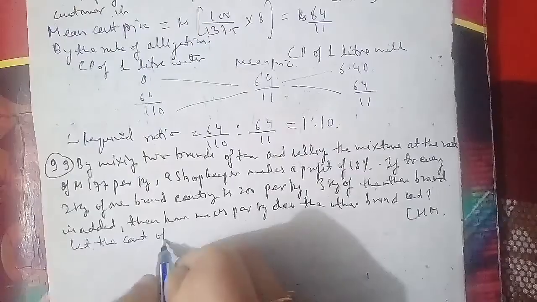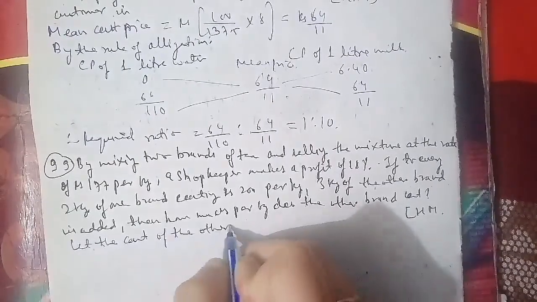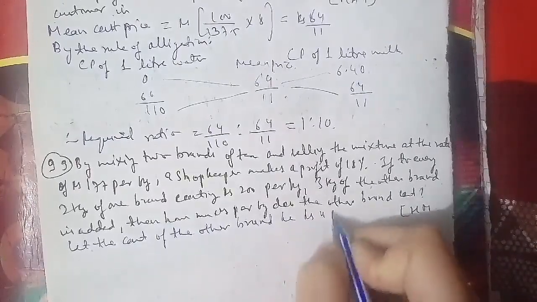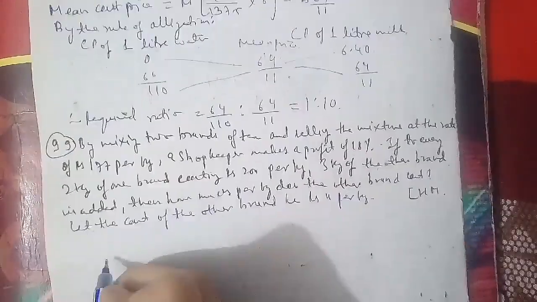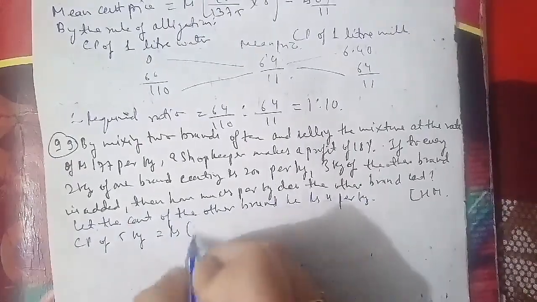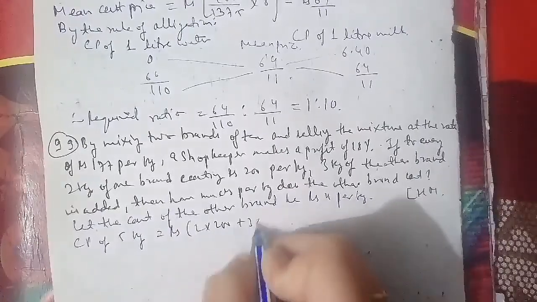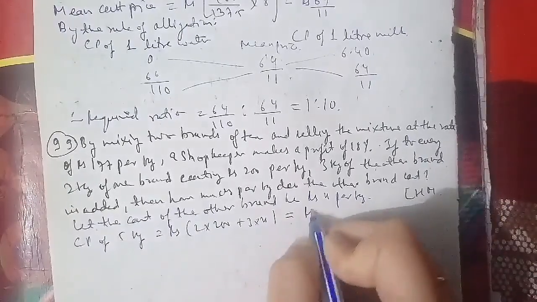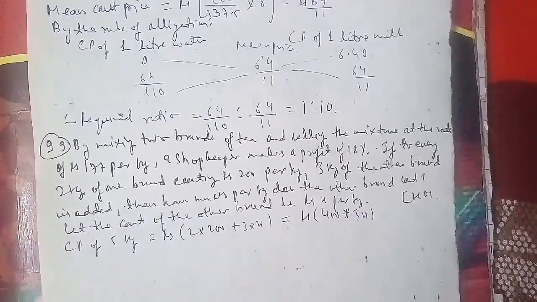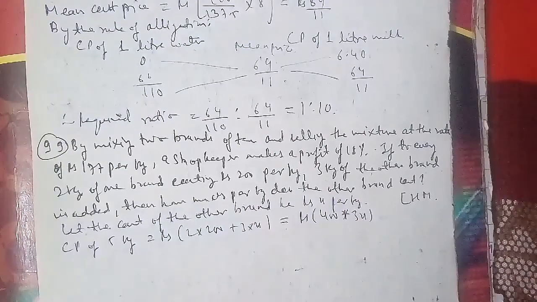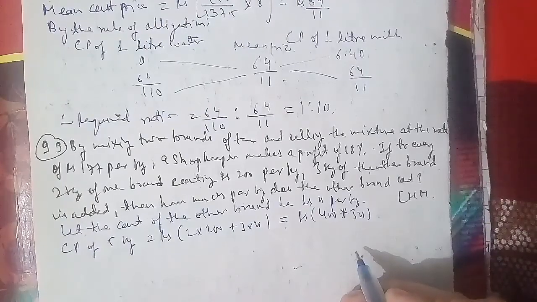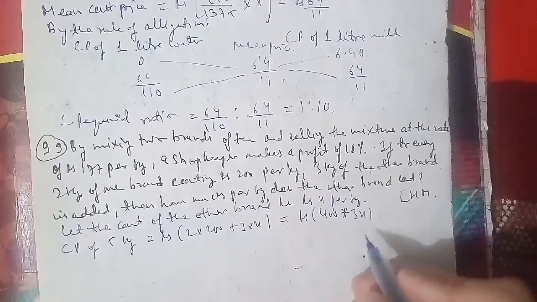The SP of 5 kg equals rupees 5 into 177, which equals rupees 885. Then (885 minus (400 plus 3x)) upon (400 plus 3x) into 100 equals 18. So (485 minus 3x) upon (400 plus 3x) equals 9 upon 50.